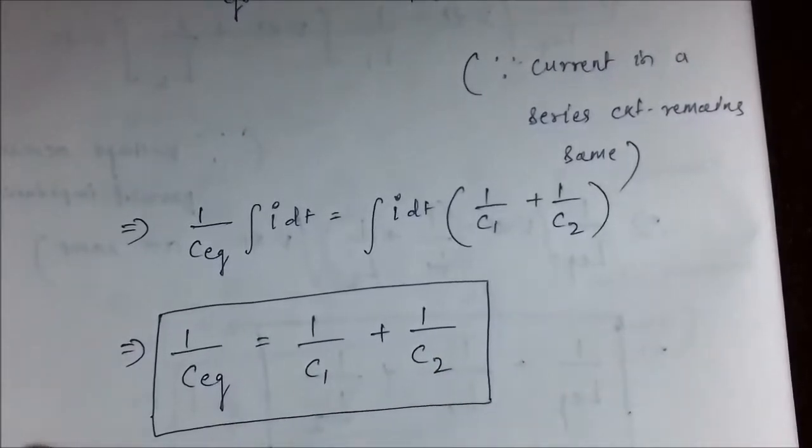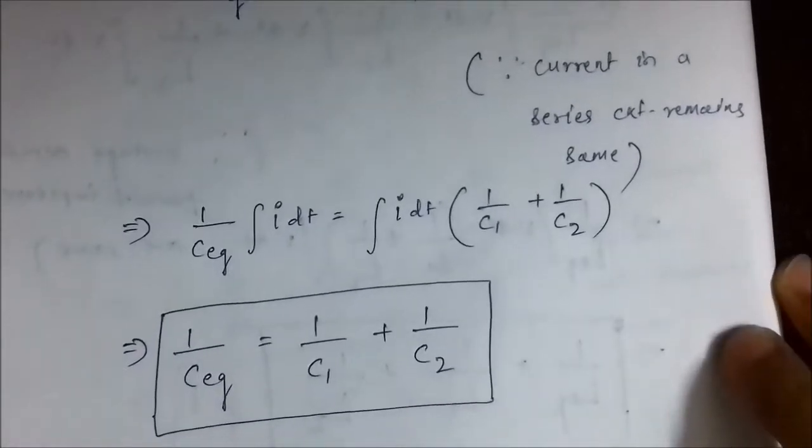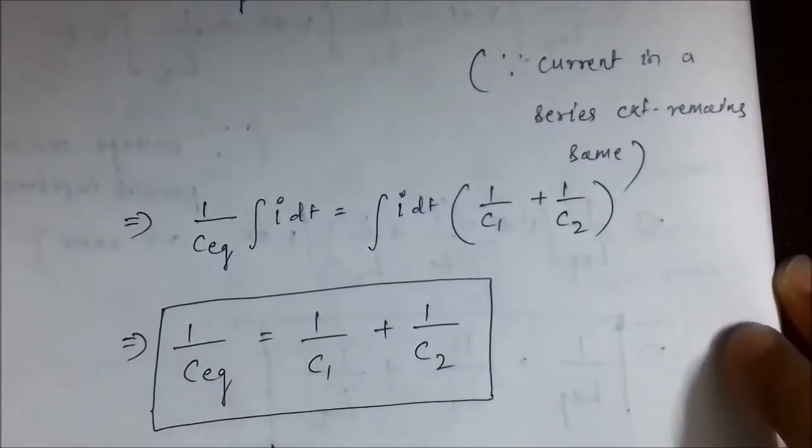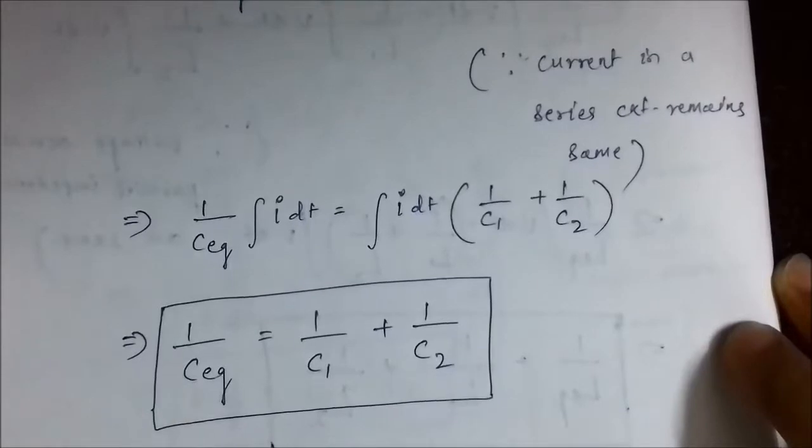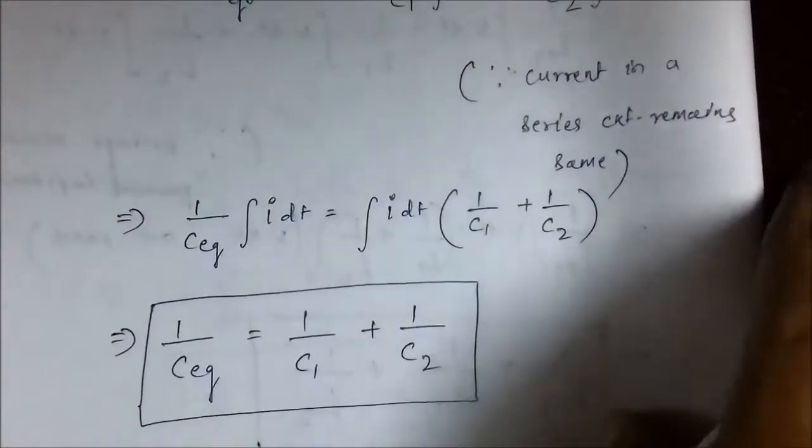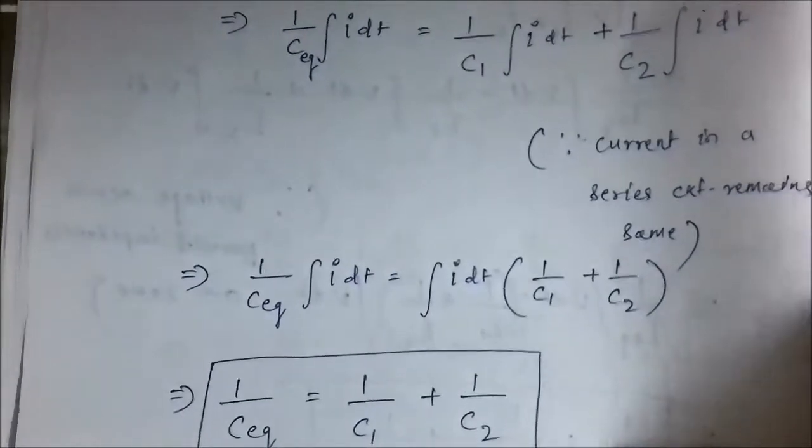Now this is the opposite case as compared to resistors and inductors, where in series combination the equivalent impedance was equal to the sum of the individual impedances. Here it is the reciprocal. So it's quite the reverse of resistors and inductors.